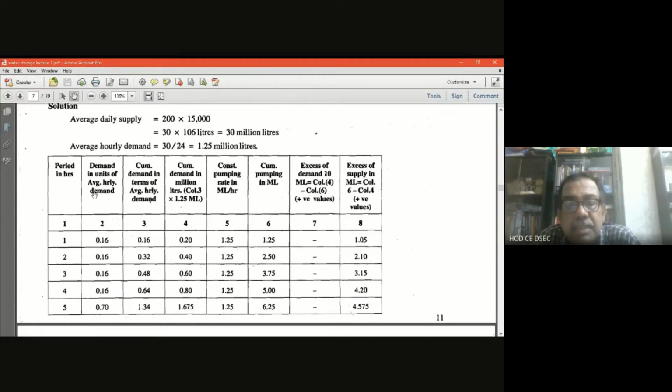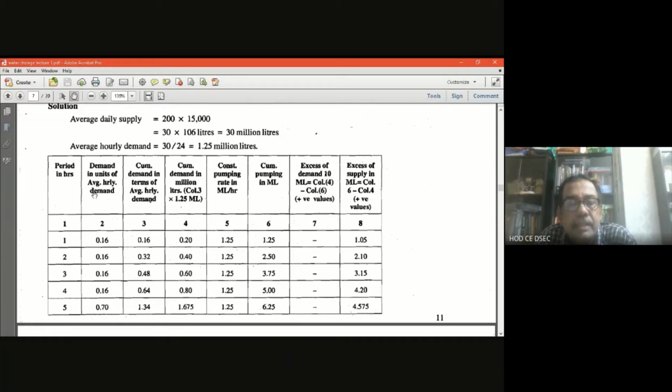If the demand is more than the supply, there is excess of demand, and where the supply is more than the demand, there is excess of supply. In the first case, the cumulative pumping rate, that is the supply, is 1.25, but the cumulative demand is 0.2, as seen in column number 4.